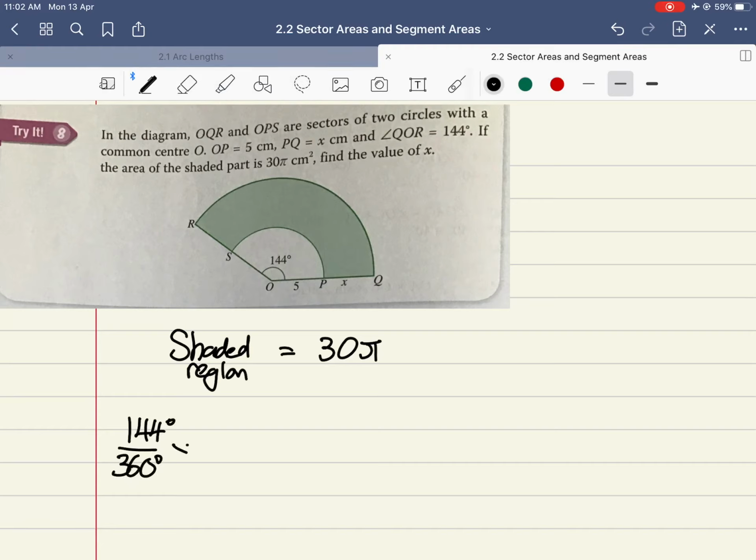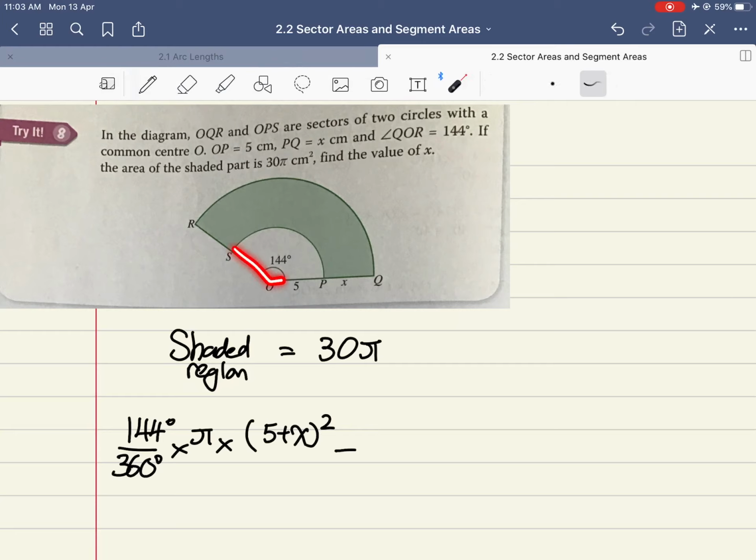First, the area of the big sector is 144 over 360 times pi times r squared. Be careful for the big one. What is the radius for the big sector? The radius is actually this one, 5 plus x. So what I get here is 5 plus x squared.